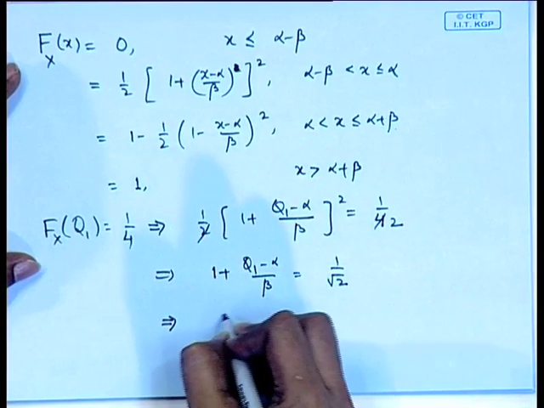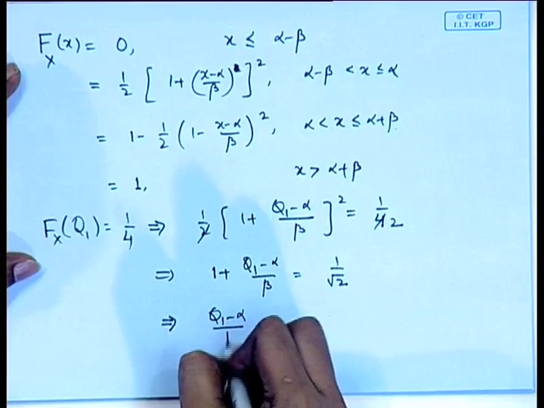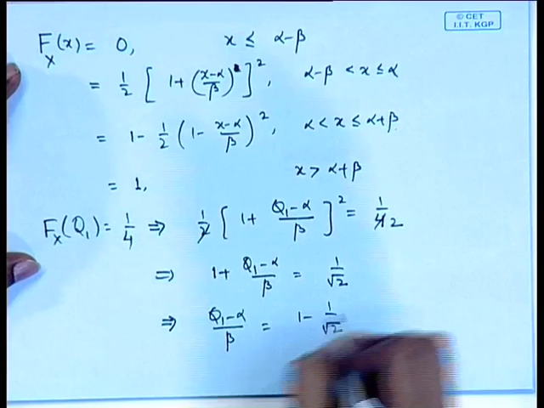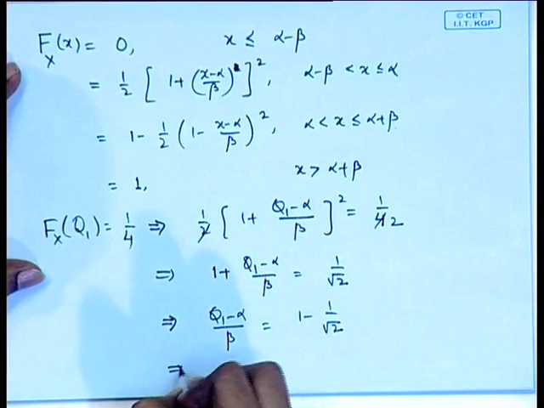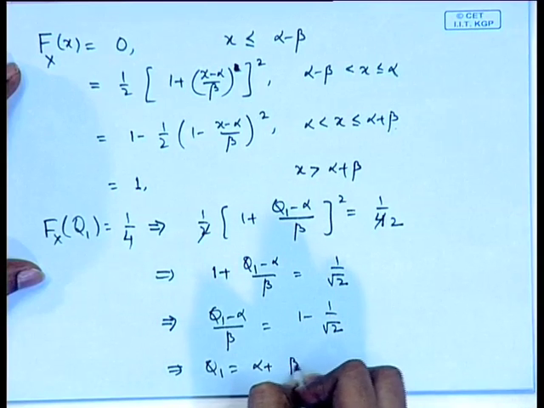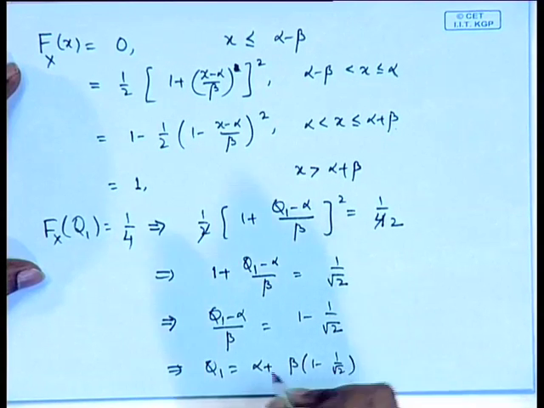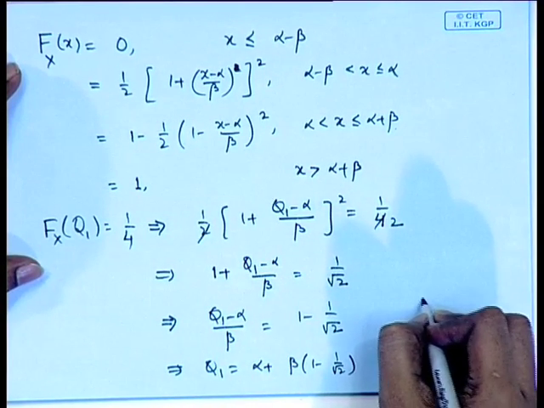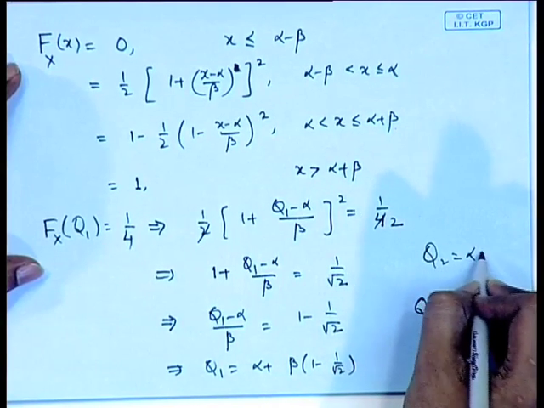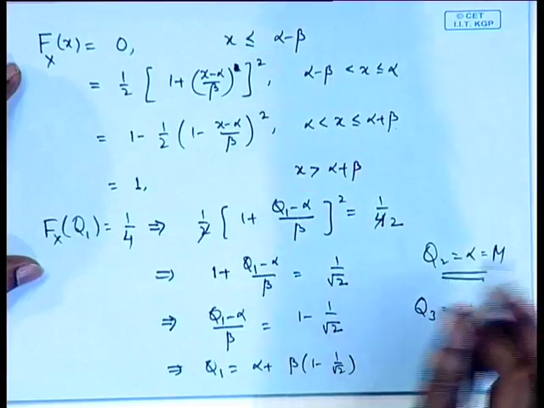That means (q1 minus alpha) by beta is equal to 1 by root 2 minus 1, so q1 becomes alpha plus beta times (1 by root 2 minus 1) in magnitude below alpha. In a similar way, we can calculate q3 also. Q2 is of course alpha, that is the median of this distribution.